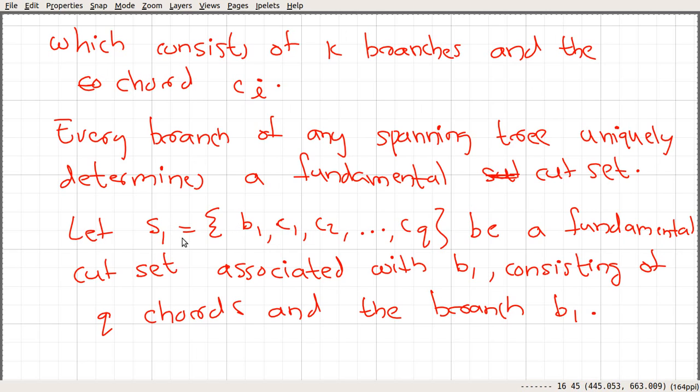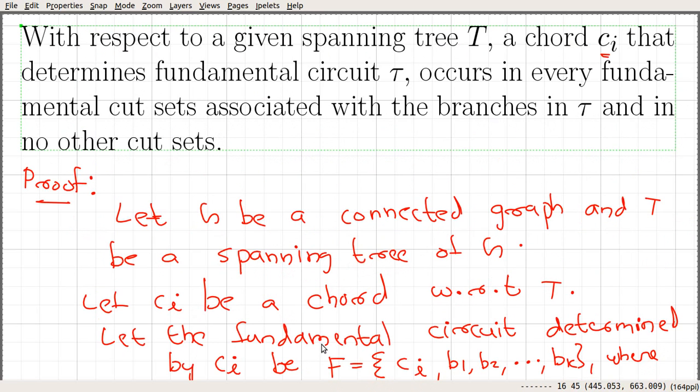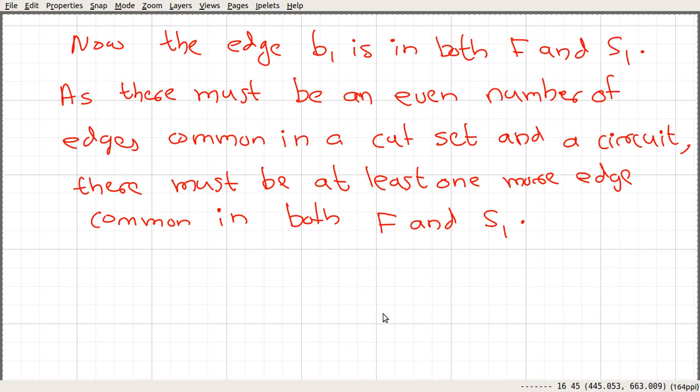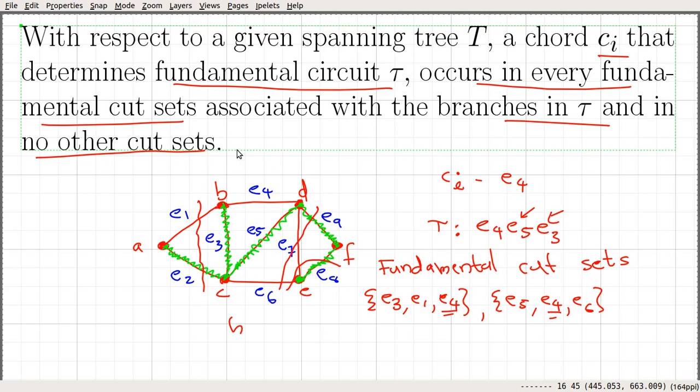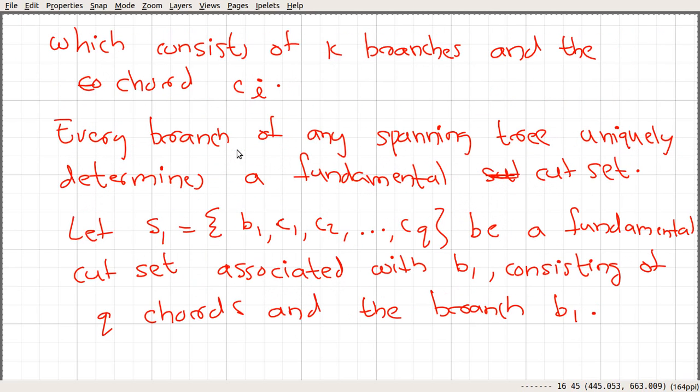Here, with respect to this B1, we chose a branch edge, we chose this S1, and we have this circuit. In this case it happened to be a fundamental circuit. But from a previous theorem we know that there must be an even number of edges common in a cut set and a circuit. So we chose this S1 to be the fundamental cut set with respect to this B1.